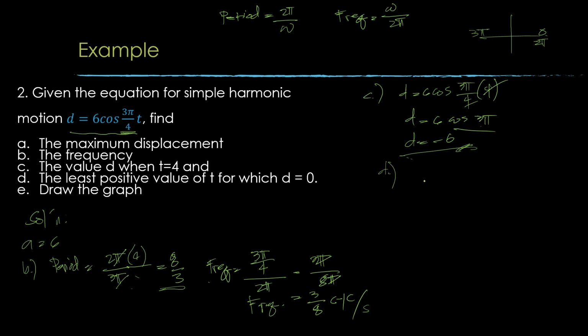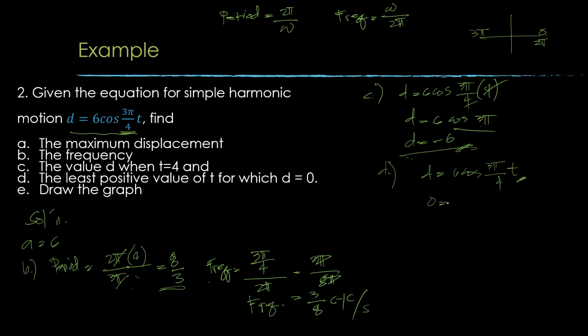For letter D, what is the least positive value of t for which D is 0? If D is 0, then 0 is equal to 6 times the cosine of 3 pi over 4 times t. The unknown is the time. How do we do this? Divide both sides by 6. This cancels out. 0 over 6 is 0.